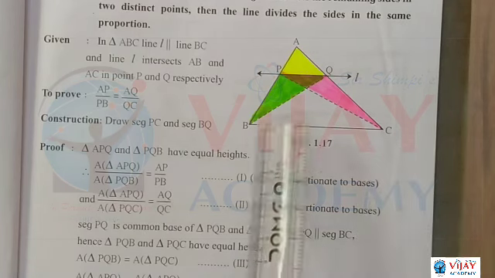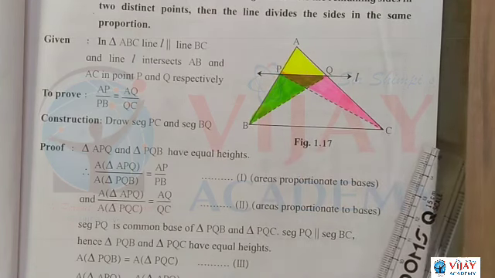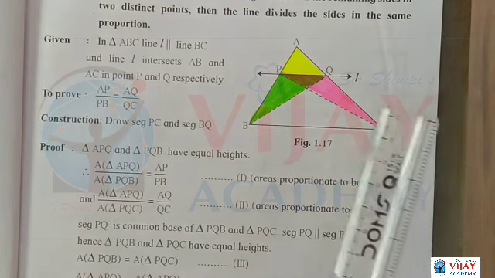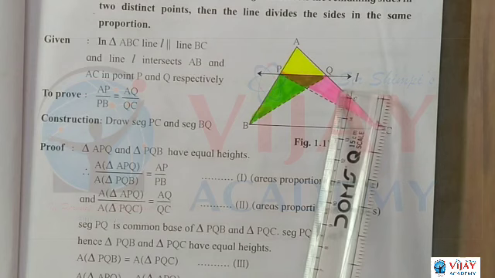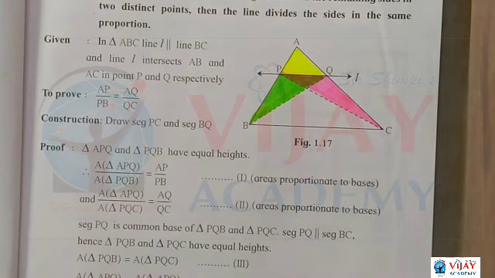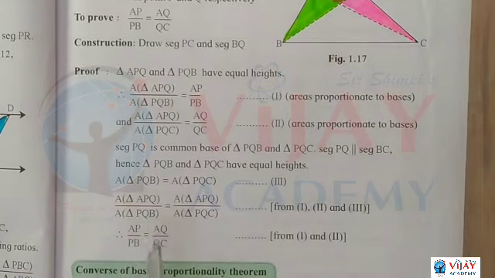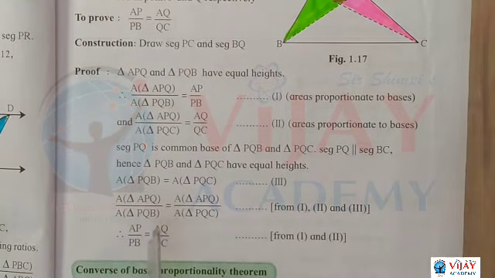Both the triangles BPQ and CPQ lie between these two parallel lines, so they have the same height and also the common base PQ. So this is the main theme of this theorem, and in this case we prove that AP upon PB is equal to AQ upon QC.